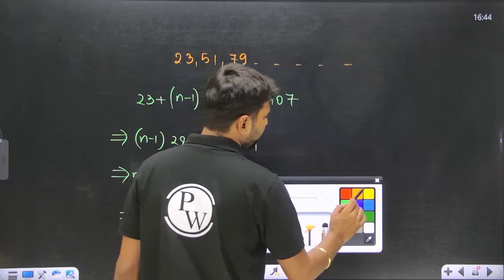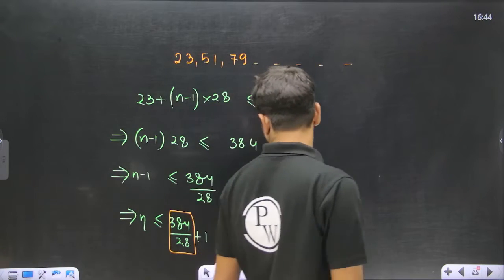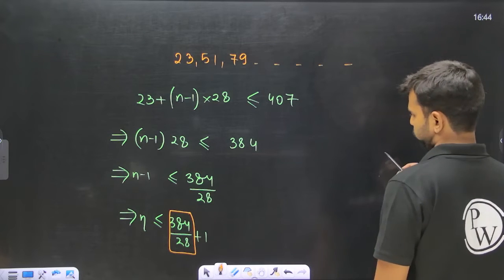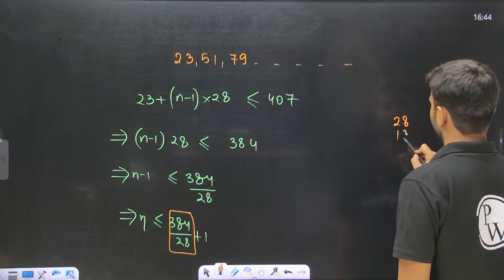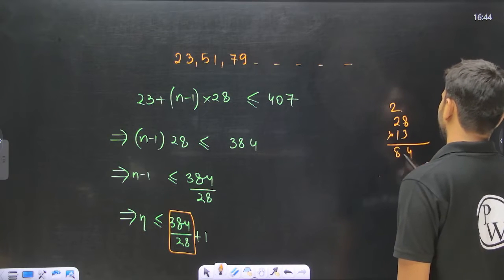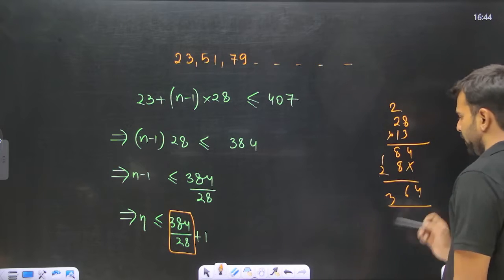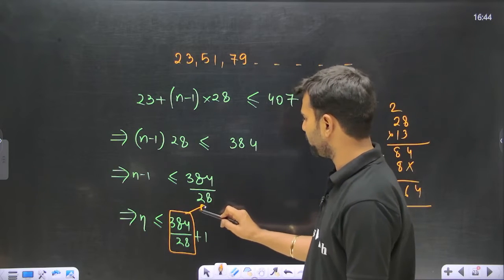If we evaluate this, 10 times is 280, then 28 into 13 is 364. So this is going to be 13 point something.